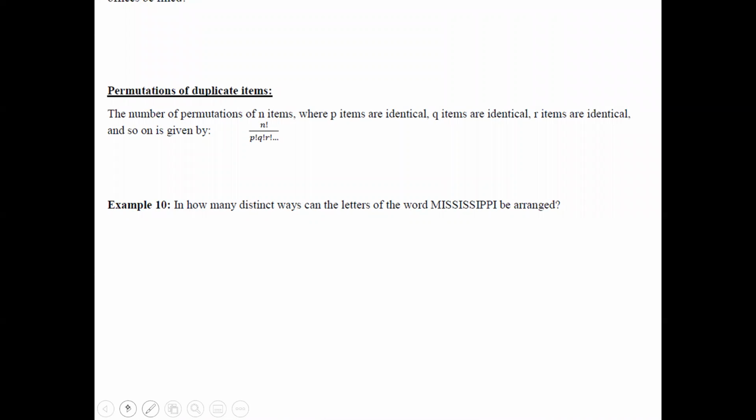Let's take a look. Permutation is going to be similar to example 10, but this right here is a number of permutations, and let's go over what the letters represent. N represents all letters in a word or all letters involved in something.